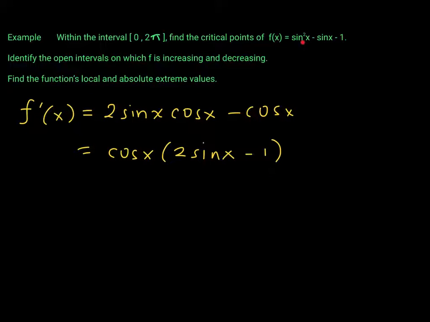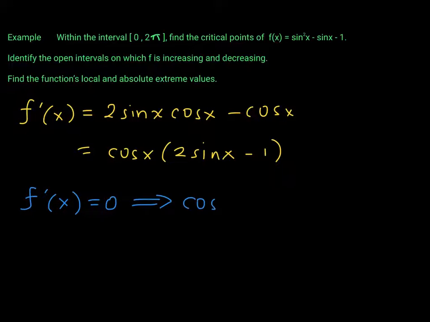Remember that the sine function is continuous, and it's also differentiable over its entire domain. So the only critical points will occur when this derivative function is equal to 0.